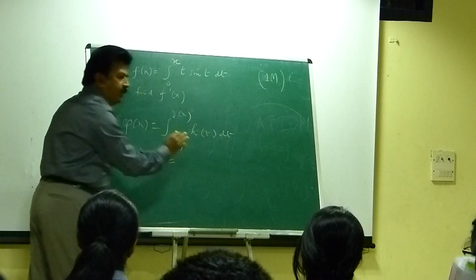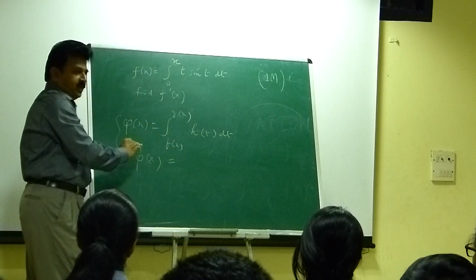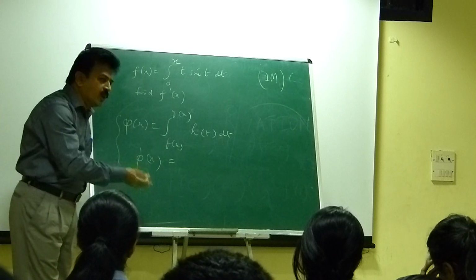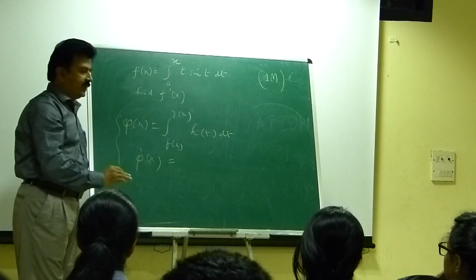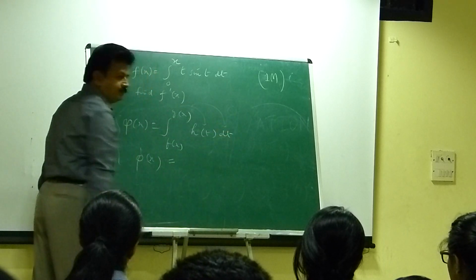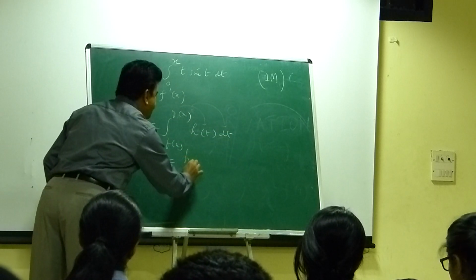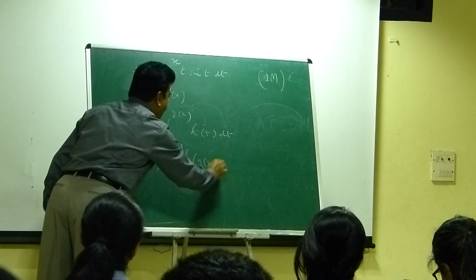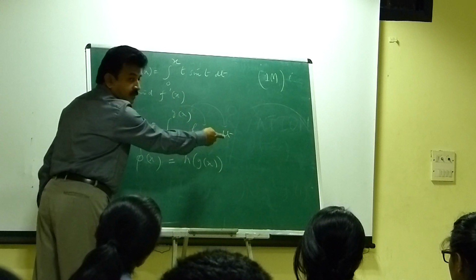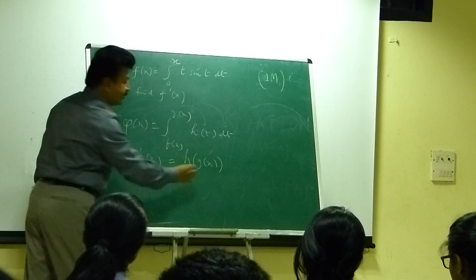So differentiation under integration. Please understand, when you find the derivative, you are neither going to differentiate nor integrate. I am going to substitute the upper limit everywhere, so it becomes h of g of x. You need to put g of x now.